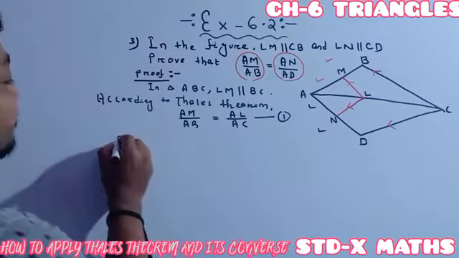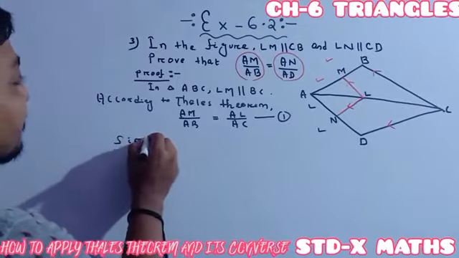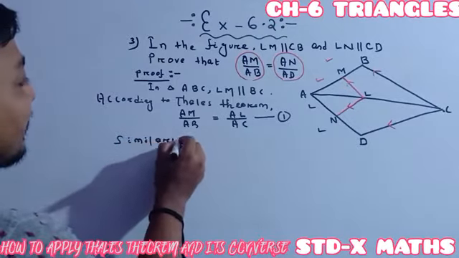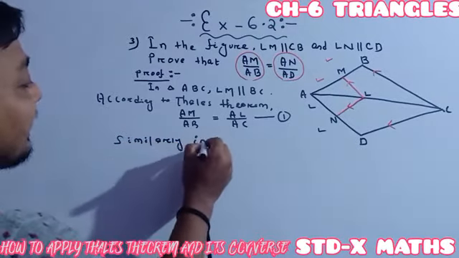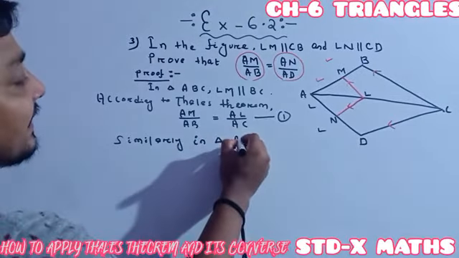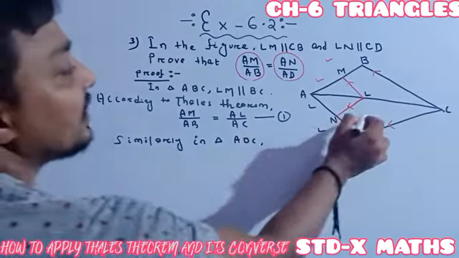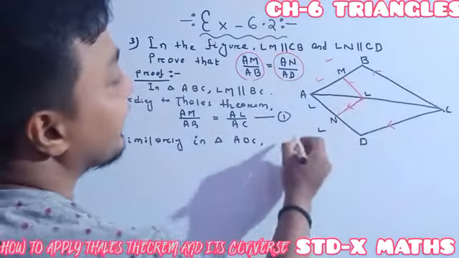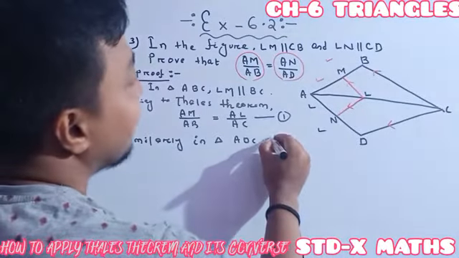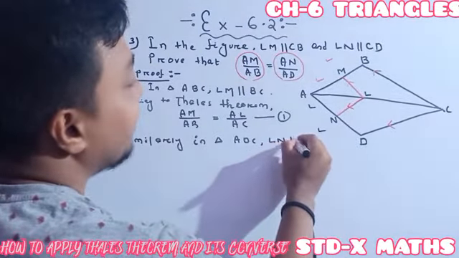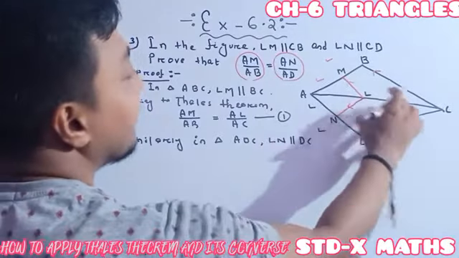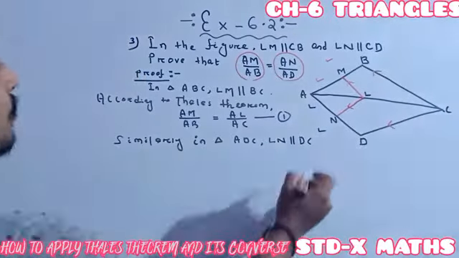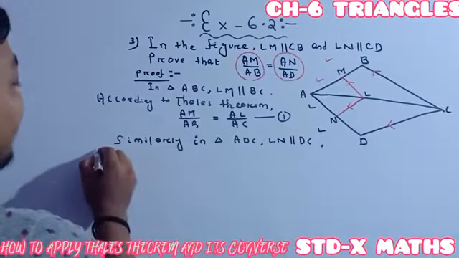Similarly, in triangle ADC, the lower triangle, LN is given parallel to DC. So once again I will write according to the Thales theorem.